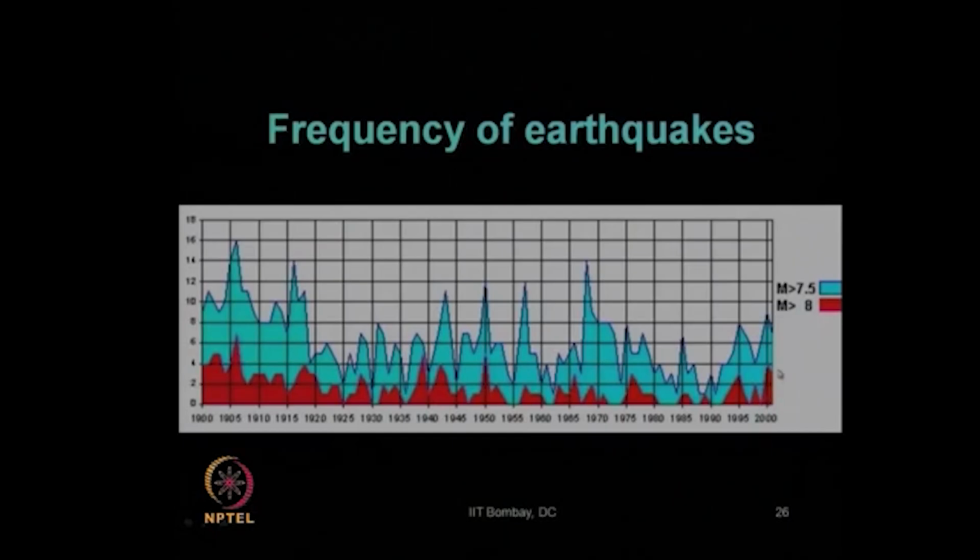So, beyond 2000 if we plot up to 2012, again you will see there are many more such red color earthquakes which have occurred during the last 10-13 years. And more than 7.5 there are so many, of course. So, these are the very major or strong earthquakes which can easily cause severe damage to mankind and property loss.